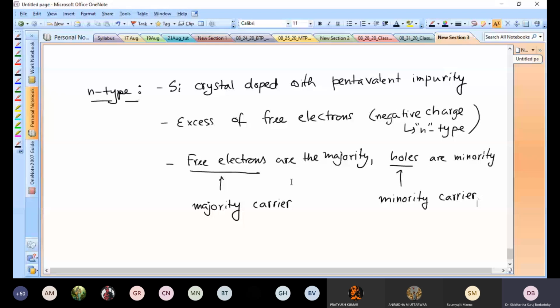So to get an N-type semiconductor, you take a silicon crystal and dope it with a pentavalent impurity. Now next is the P-type semiconductor. P-type is just the opposite.